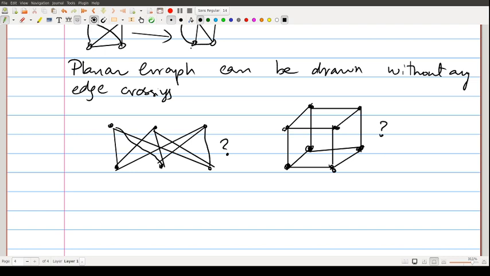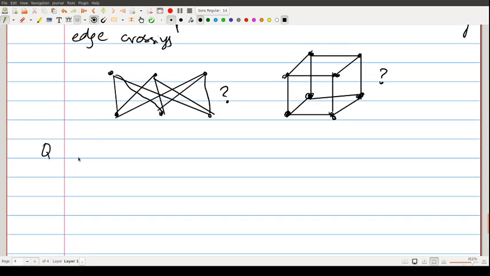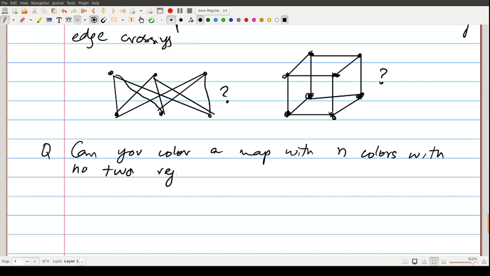There's also the idea of a graph coloring. Some of you are probably doing that as well. A graph coloring is related to the question: can you color a map, say with n colors, with no two regions having the same color?